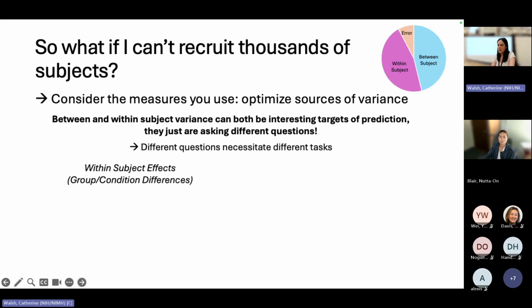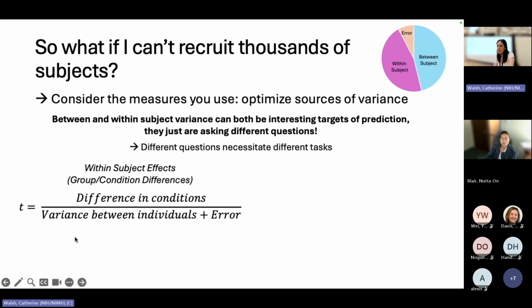So if we're thinking about within subject effects, so these are things like group or condition differences, we often think about this in terms of a t-test. And again, not much math here, but we kind of think about that in terms of the difference in conditions on the numerator and the error in the bottom. When we think about this error term, we can break that down into things like the variance between individuals, and so things that we care about in individual differences, but that don't really matter for different conditions, and then just other kinds of error.